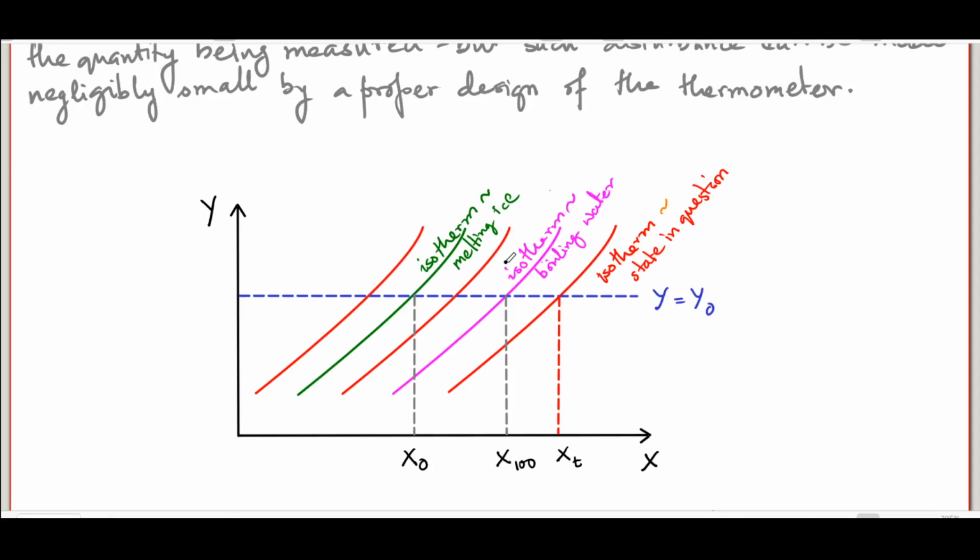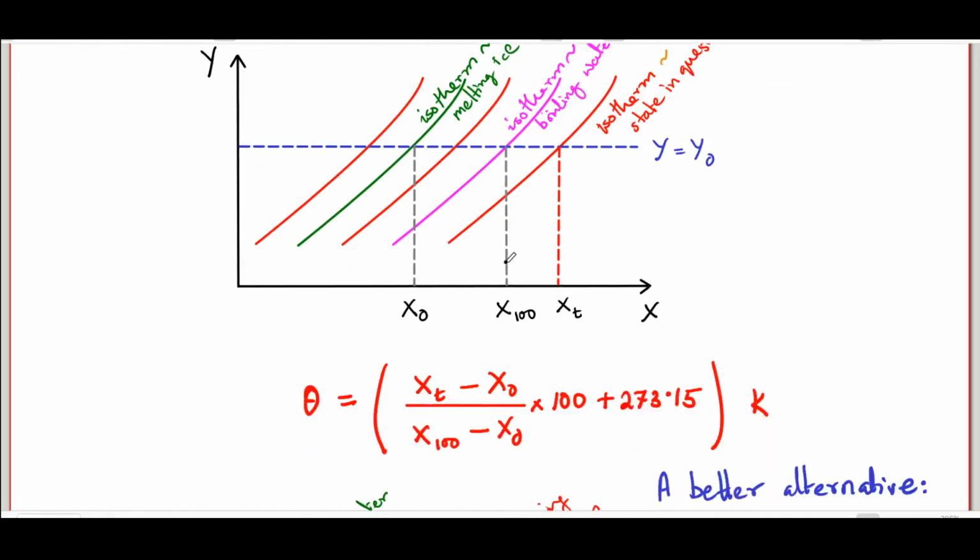We are going to take a very simple relationship between x and theta, a linear one, because that's the simplest. And of course, as we have already said, if anything can function as an empirical temperature, any function of that can also work as an empirical temperature. So let's start with the simplest one. The simple expression in this case would simply be theta equals (xt minus x0) divided by (x100 minus x0) times 100.